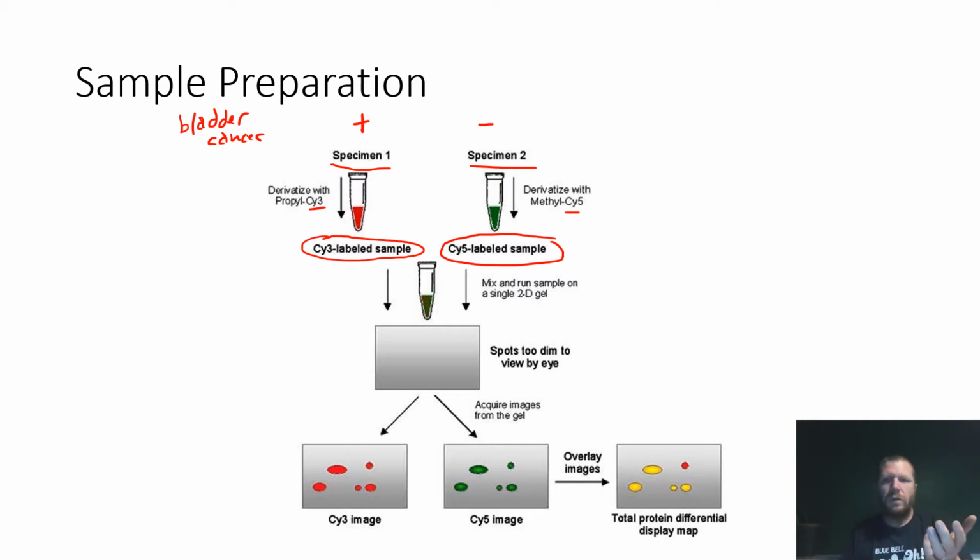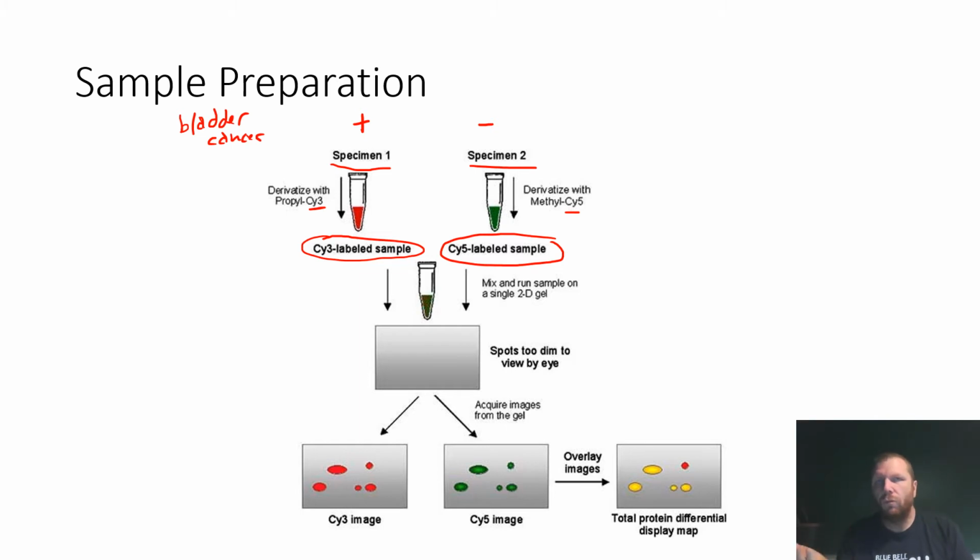With the Cy3 dye, you're only going to be able to detect proteins with light of a particular wavelength. Cy5, you're only going to be able to detect with light of a different wavelength. So if you shoot a wavelength of 490 nanometers, that will detect the Cy3, but not Cy5.